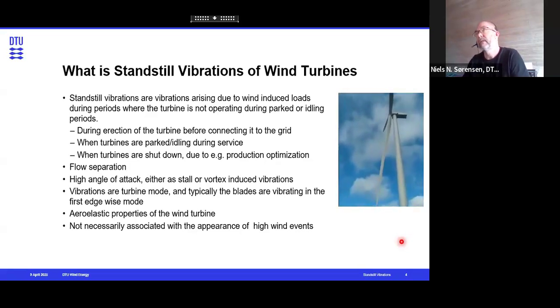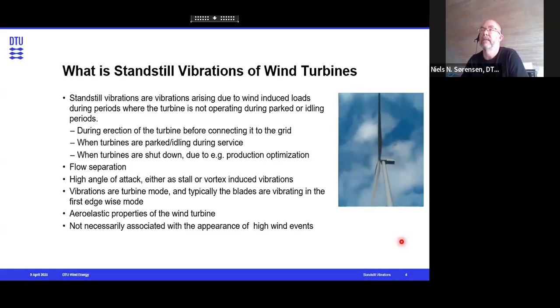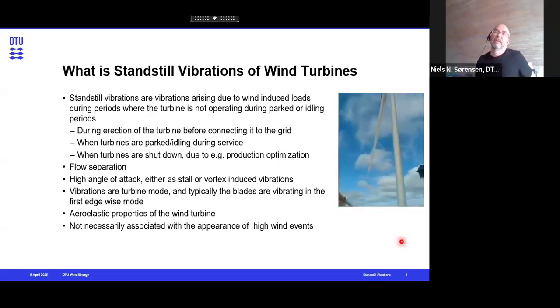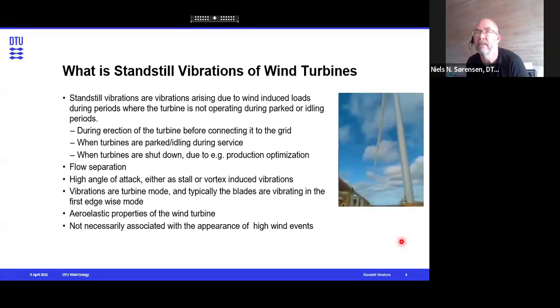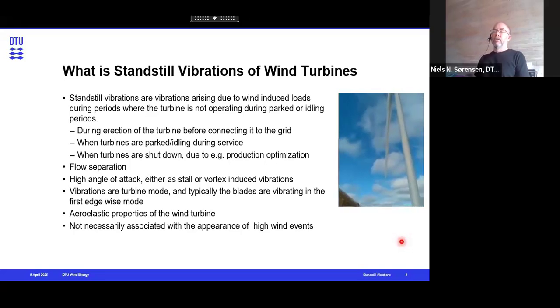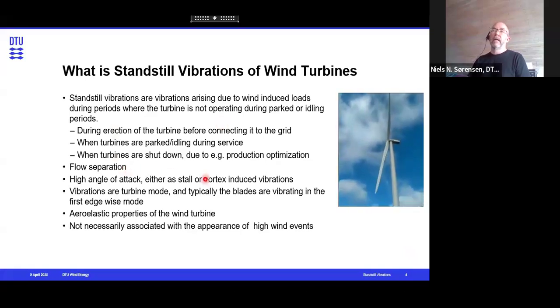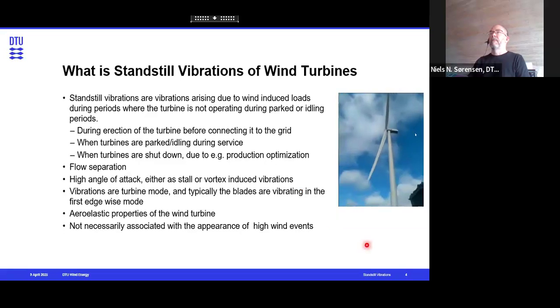Then due to wind-induced loads, there is a risk that it will start to vibrate. Often, or in general, this will be connected with flow separation, and it will typically be at relatively high angles of attack, either as stall or as vortex-induced vibrations.